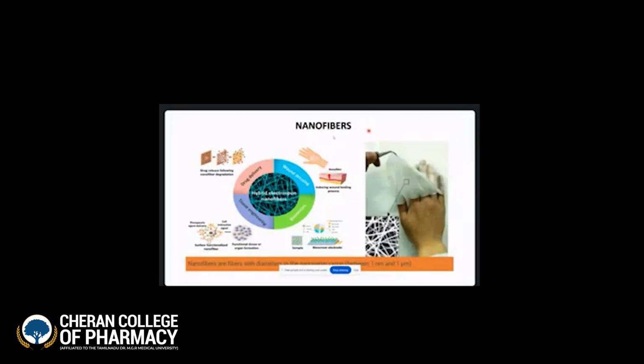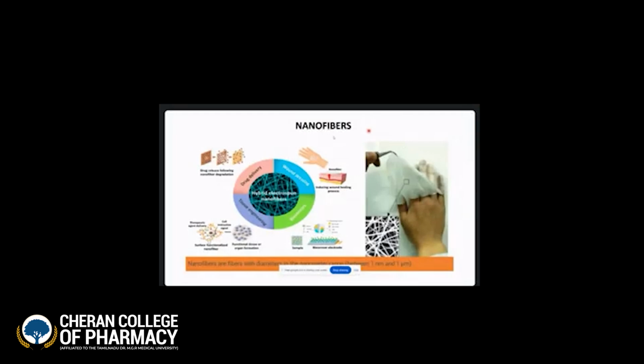Here we attach the needle, and we give high voltage current to the needle. Whenever the solution comes out of the syringe, this high voltage pulls the solution toward the collector region. This effect we call the Taylor cone effect. So the Taylor cone principle you can see in the electrospun nanofiber.